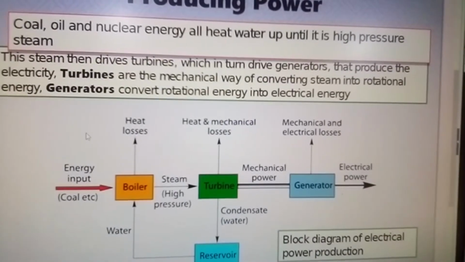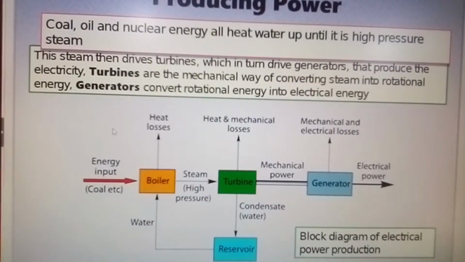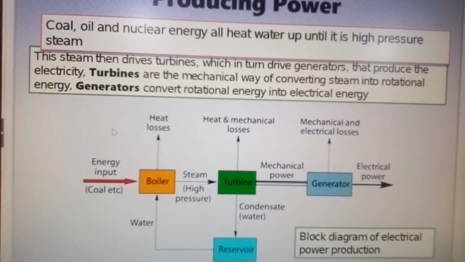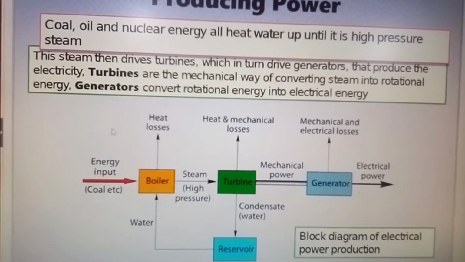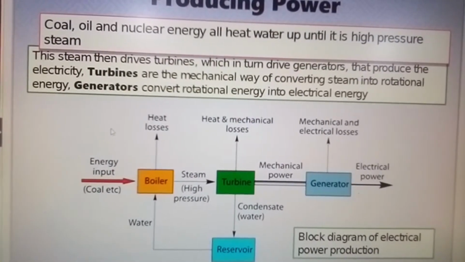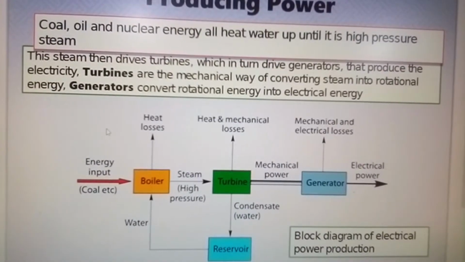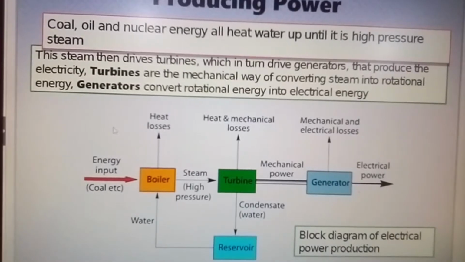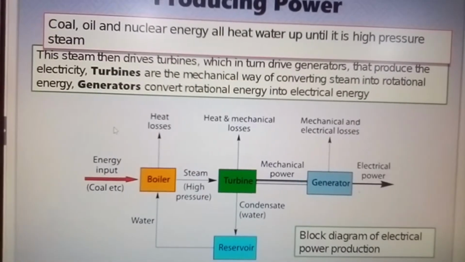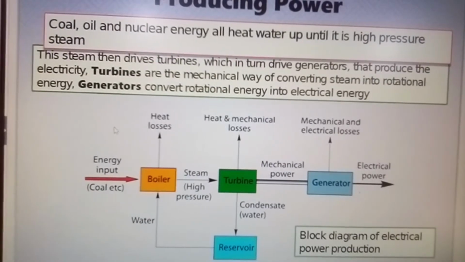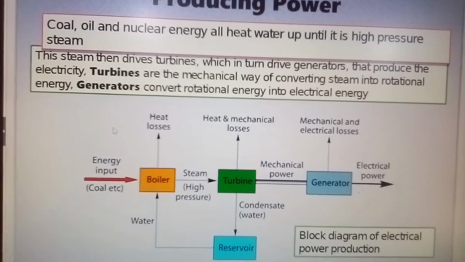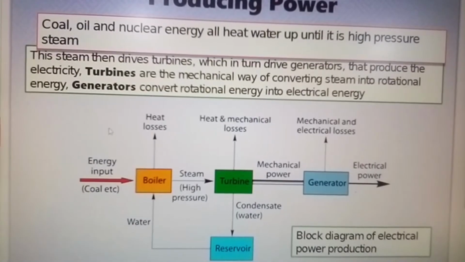It's worth bearing in mind that your generators will generate 25,000 volts. This is then transformed up to a very high voltage. If you want to know what those high voltages are, go on Google, type in transmission power lines, transmission voltages, and that should provide you with some additional information.